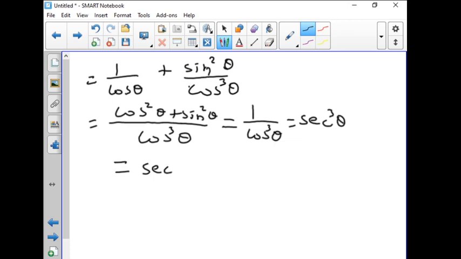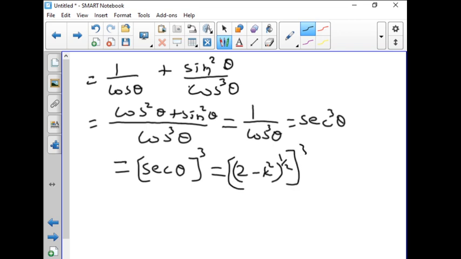Secant cube theta means secant theta the whole cube. But we have proved that secant theta is equal to 2 minus k square the whole power 1 by 2. Power 3, so it gives us 2 minus k square the whole power 3 by 2. We have proved this.